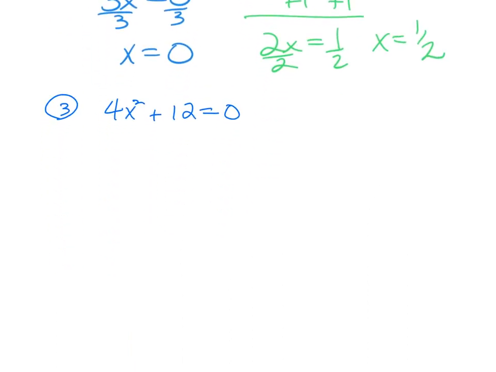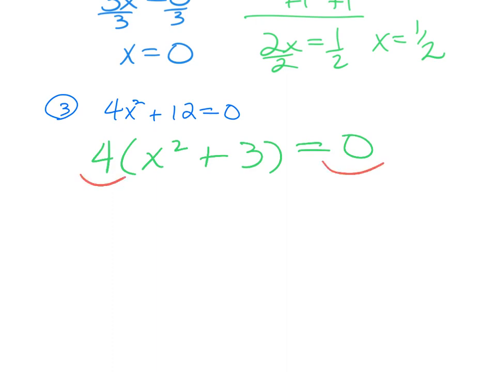All right, so this one again, it's already set equal to 0. I'm going to factor out a greatest common factor of 4. And I'm left with x squared plus 3. Again, I would take each factor, set it equal to 0. But notice when I set 4 equal to 0, there's nothing here to solve, so I don't need that.